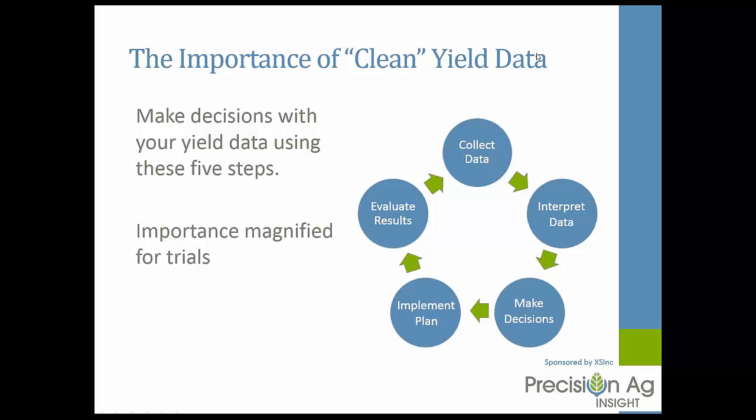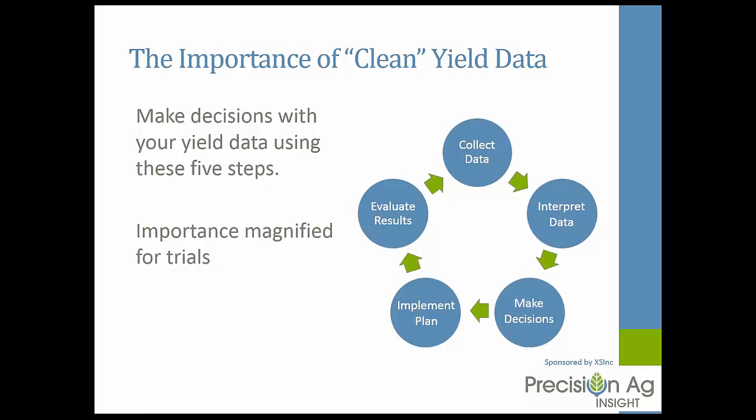So when we think about why clean yield data is so important, and I've used this slide quite a few times, when we do any kind of precision ag related management decisions where we include yield data, there's basically five steps: collecting the data, interpreting the data, making decisions with that data, and then implementing that plan.